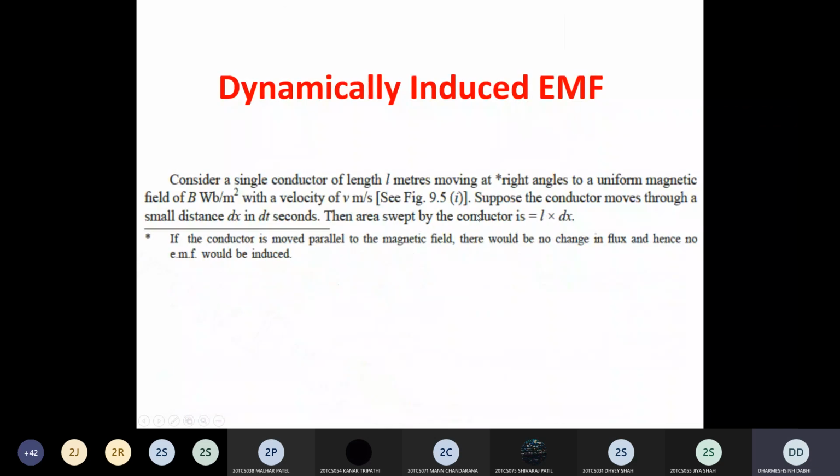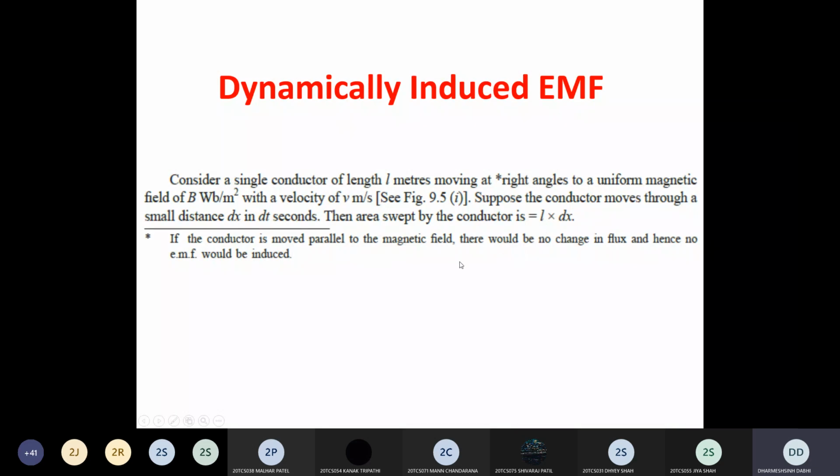Suppose the conductor moves in this magnetic field a small distance dx in a time of dt second. The area swept by the conductor is how much? The length of the conductor is L and it moves a small distance dx, so the area swept is nothing but L into dx.